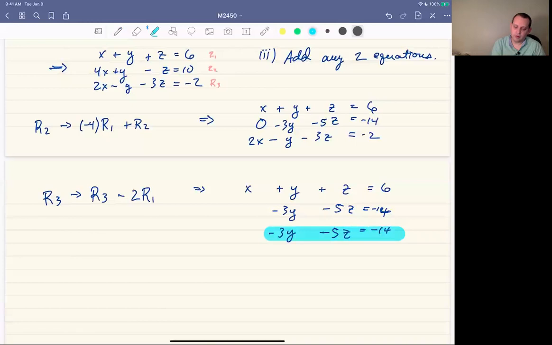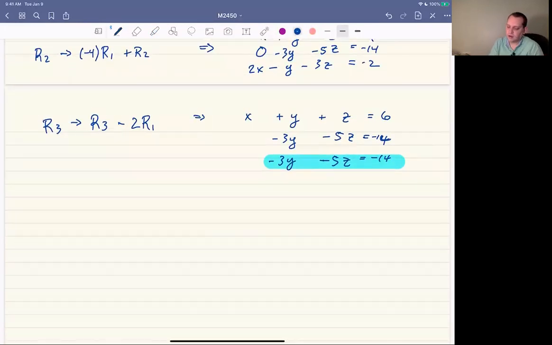We can ignore the equation that we just highlighted in blue. Our goal now is to solve the rest of it and figure out what the solutions look like. So now we have 2 equations with 3 unknowns, including negative 3y minus 5z equals negative 14.